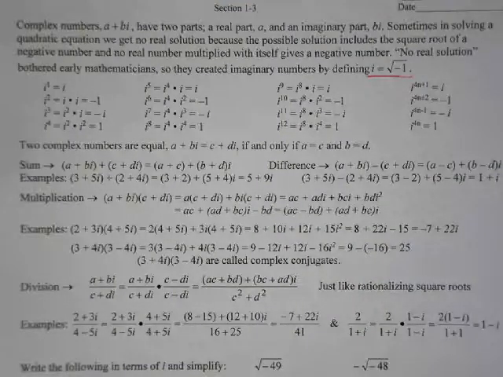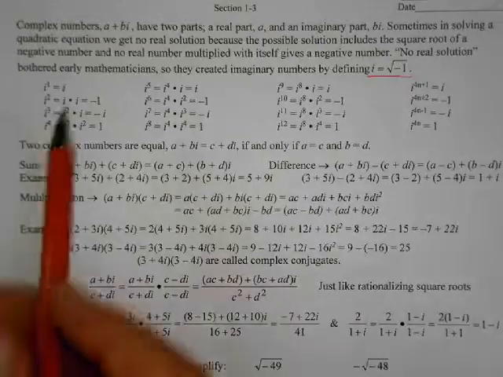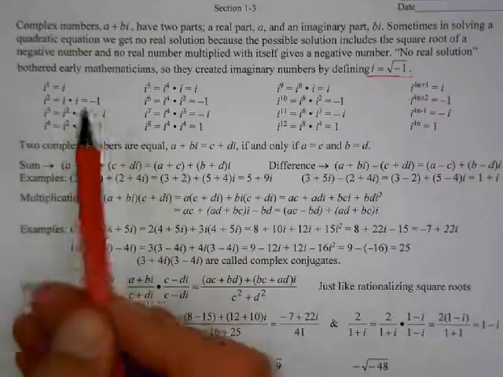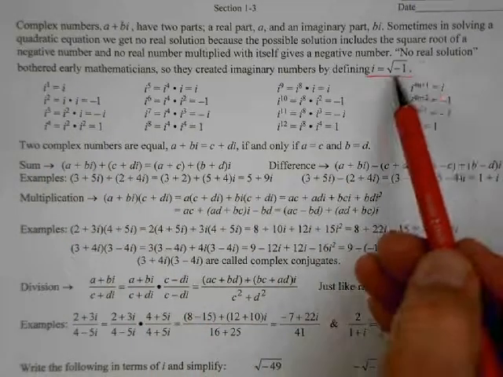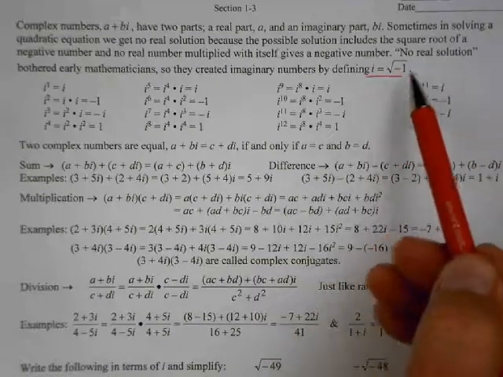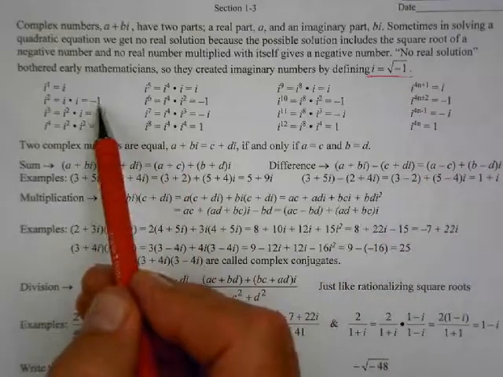Now, interestingly, if you start multiplying I times itself a number of times, you see an interesting pattern. I squared equals -1, which of course anything that's square rooted times itself, which is also square rooted, basically undoes the square root part, and so you get -1.